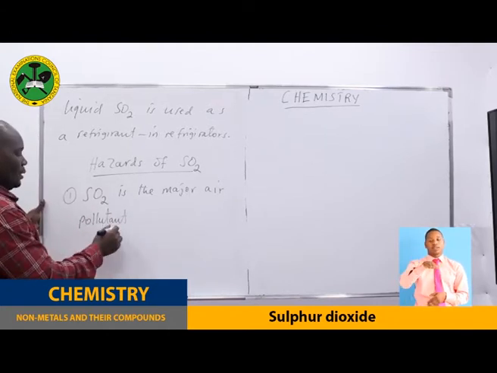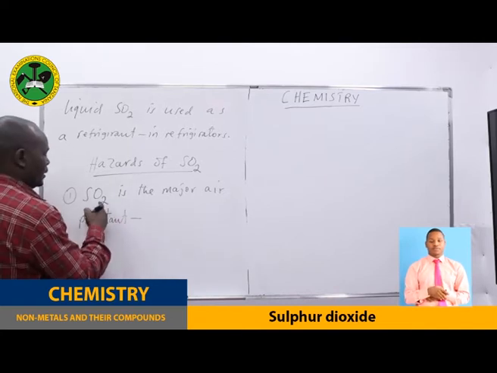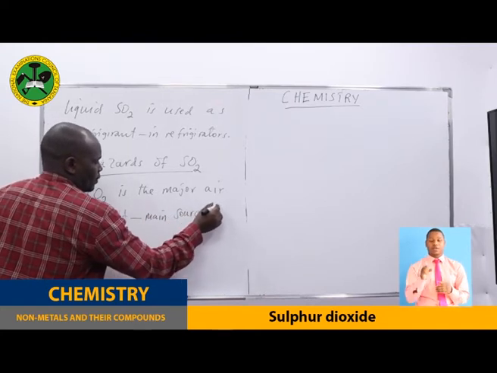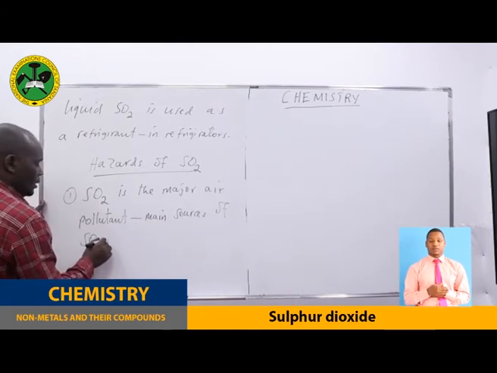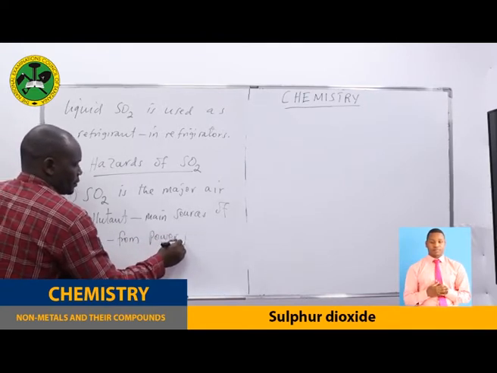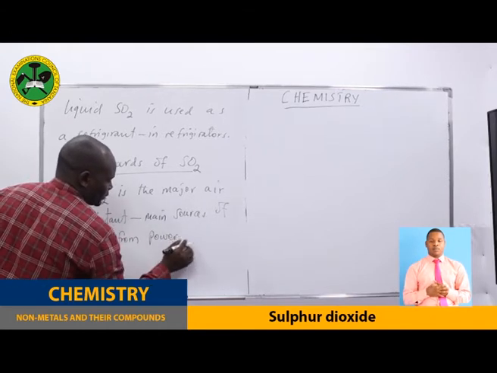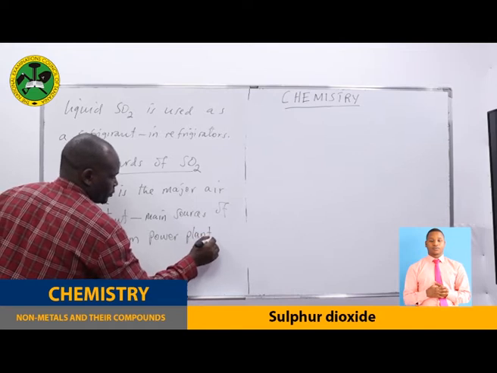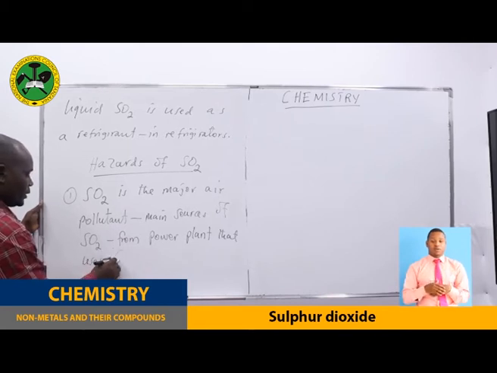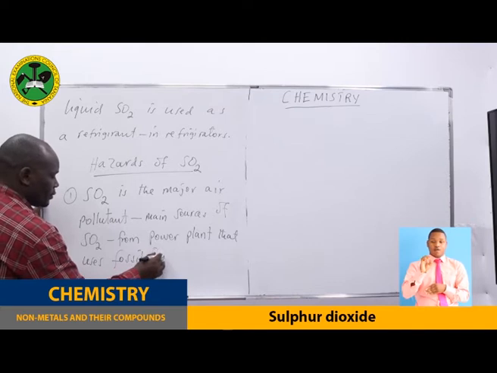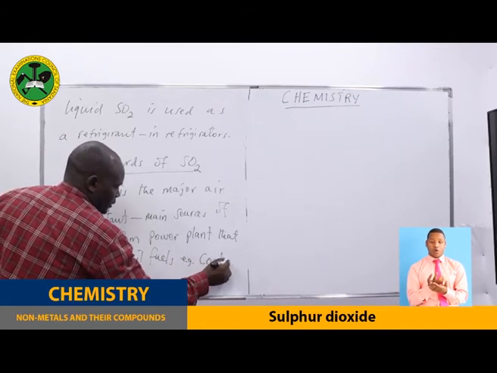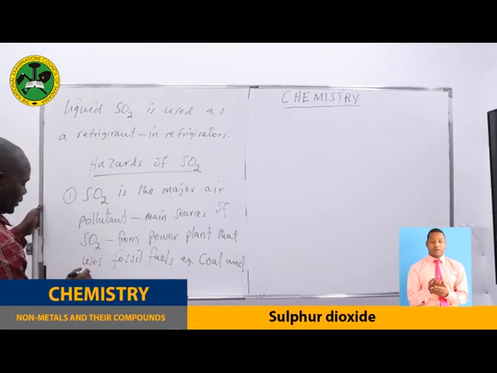And the main sources of sulfur dioxide are power plants that use fossil fuels such as coal and diesel.